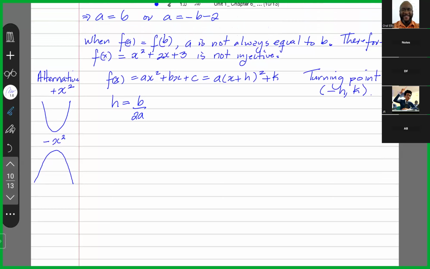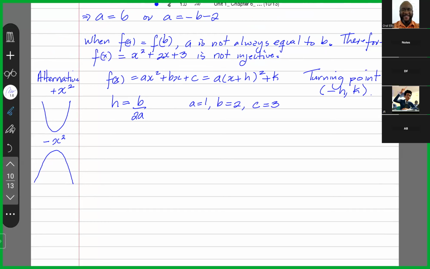Now, in our case, a is equal to 1. So a is the x squared coefficient. b is equal to 2. b is the x coefficient. And c is equal to 3. c is the constant term.